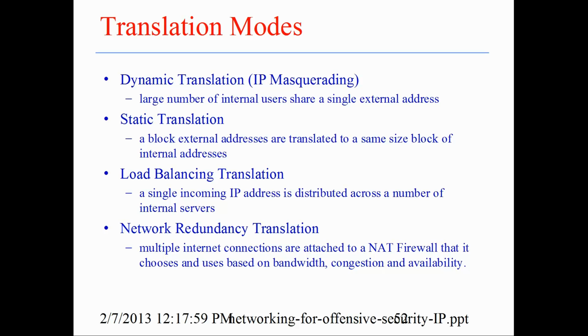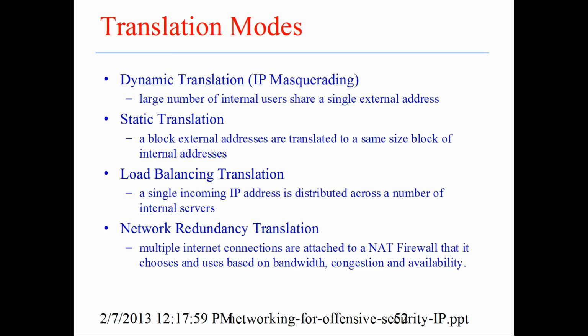Dynamic translation, or as I said, IP masquerading, is where a large number of internal users all appear to external users as a single IP address, and that's coordinated by effectively ports and traffic observation at the firewall or router level.